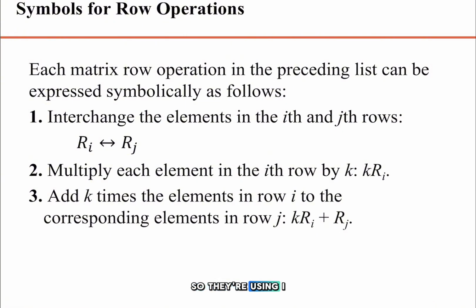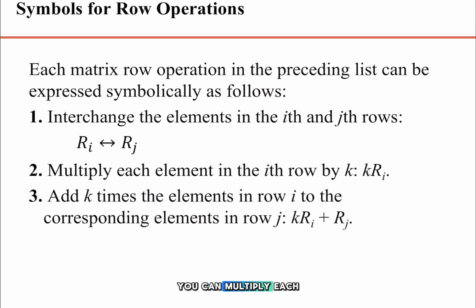So they're using the ith and jth rows. That just means one particular row and another particular row, kind of like how you label your equations, equation number 1, equation number 2. This could be row 2, and it goes to row 3 or something. So you can interchange those rows.